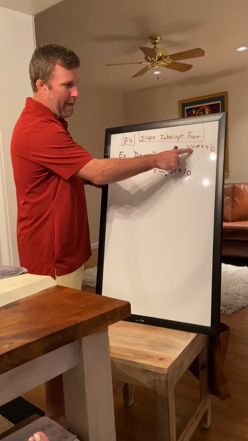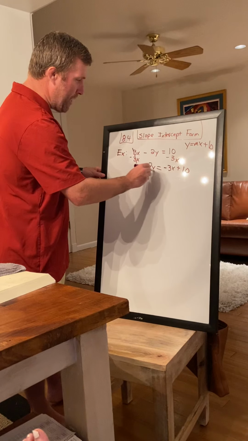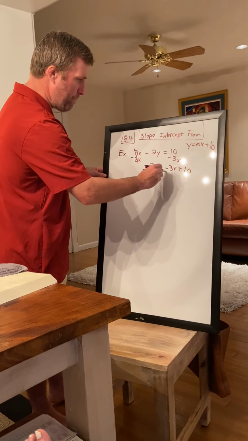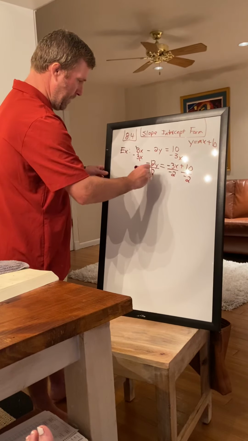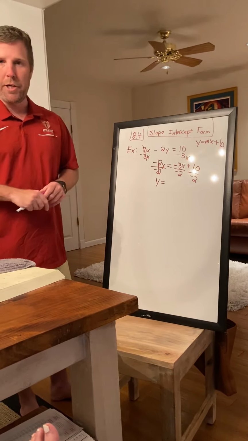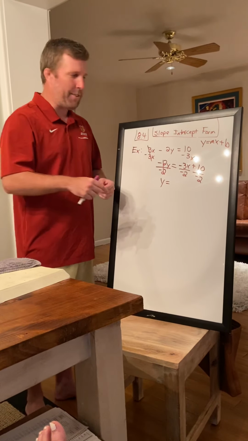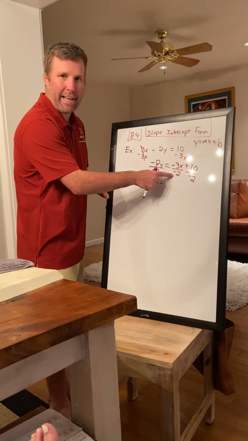We want to get this y equals mx plus b form. So next I have to divide every term by negative 2. Y equals. Now I noticed when some of you submitted your homework, in your final answer, you had negative 3x divided by negative 2.